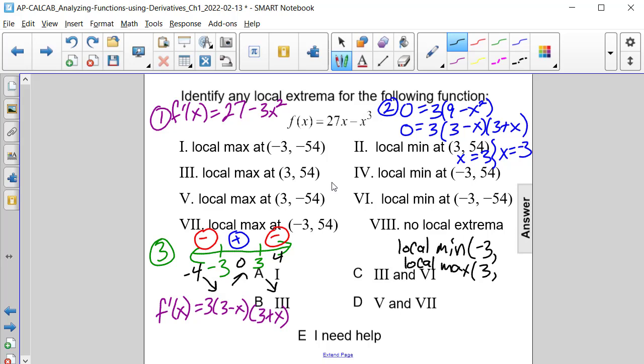And then if we take negative 3 and positive 3 and substitute them in to f of x to get our y coordinates, we will have 27 times negative 3 is negative 81 minus negative 27, or plus 27, so that's negative 81 plus 27 is negative 54.